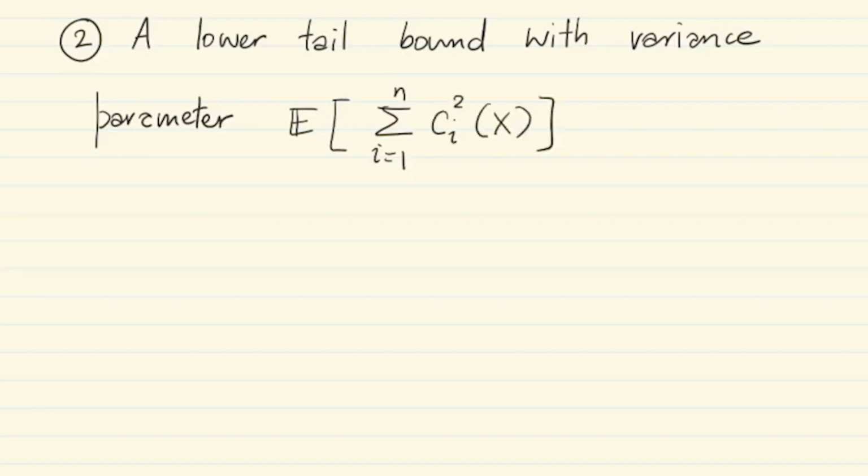Okay, not even the supremum value of summation ci square x over all x, but in fact a potentially much smaller parameter which is only the average value of summation ci square x, without any extra effort. Okay, so this is what the transportation method allows us to show.